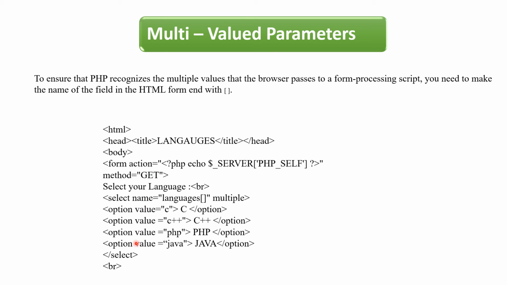We take one select list for the languages, and by using this list you can select your language. We set the name of the select tag as languages, with the opening and closing square brackets for the multiple selection, and here we set the values C, C++, PHP and Java.